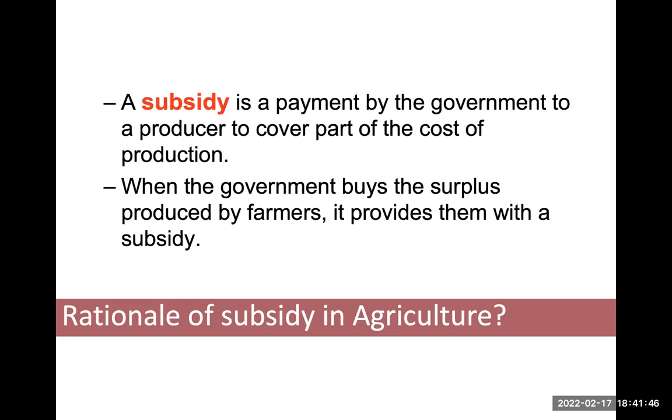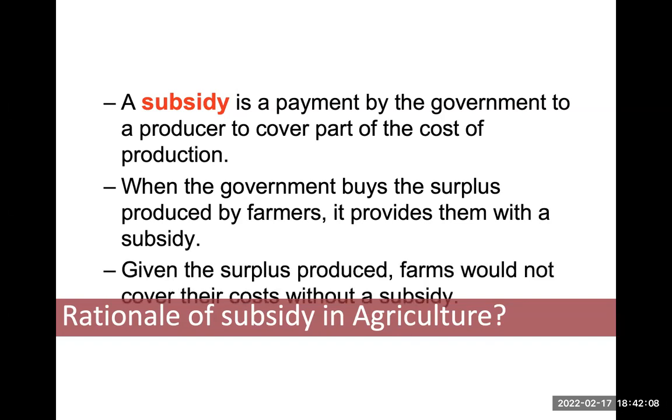Comparatively speaking, since civilization began, a subsidy has become an important way to alleviate the problems. Given the surplus produced, the farms would not cover their cost without a subsidy.